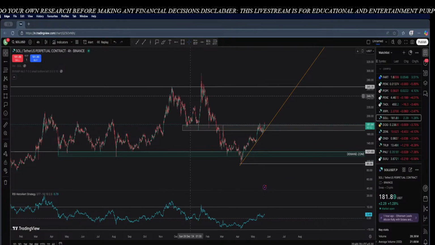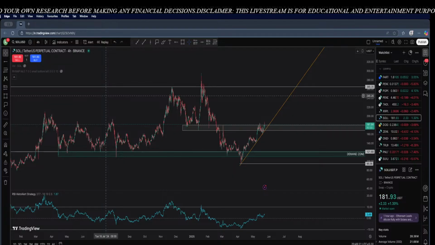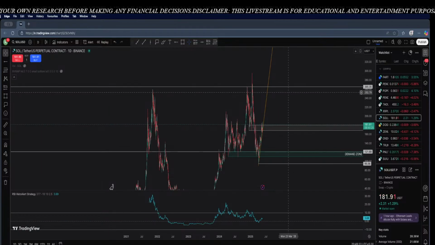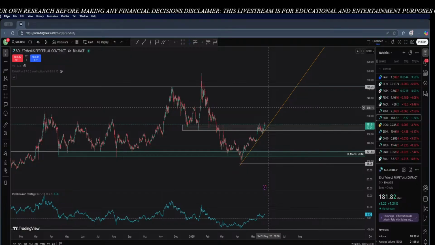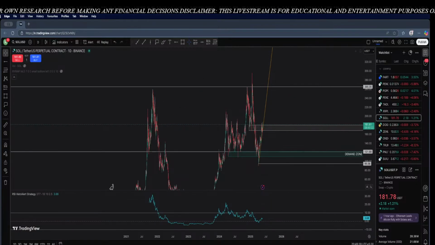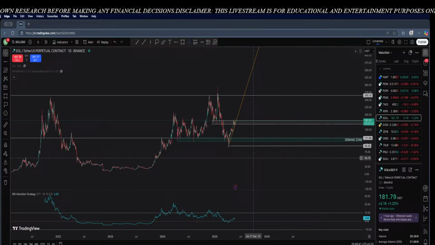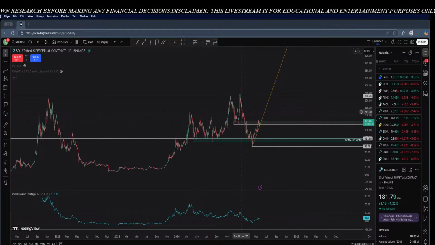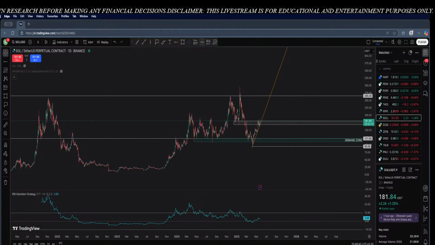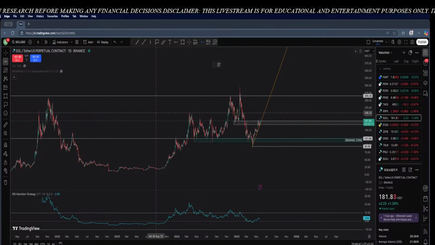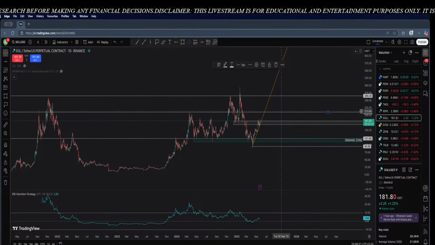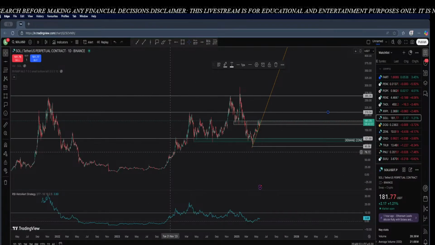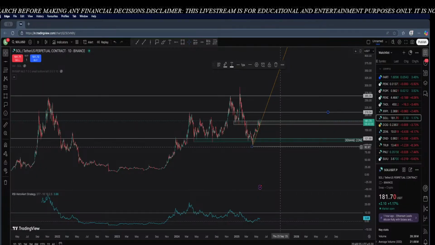Since we are close to the all-time highs, daily chart would be better to look at. So this would be an additional move. Solana right here. These are going to be some key levels for Solana.